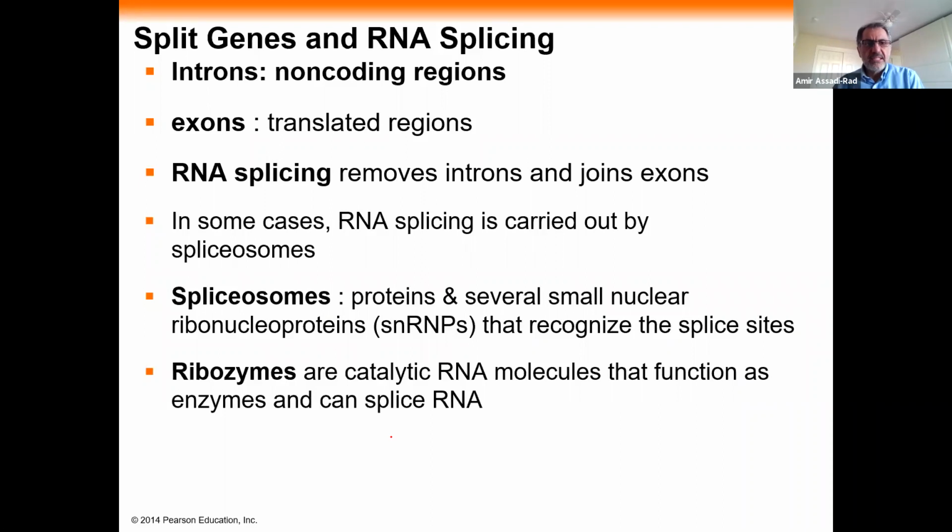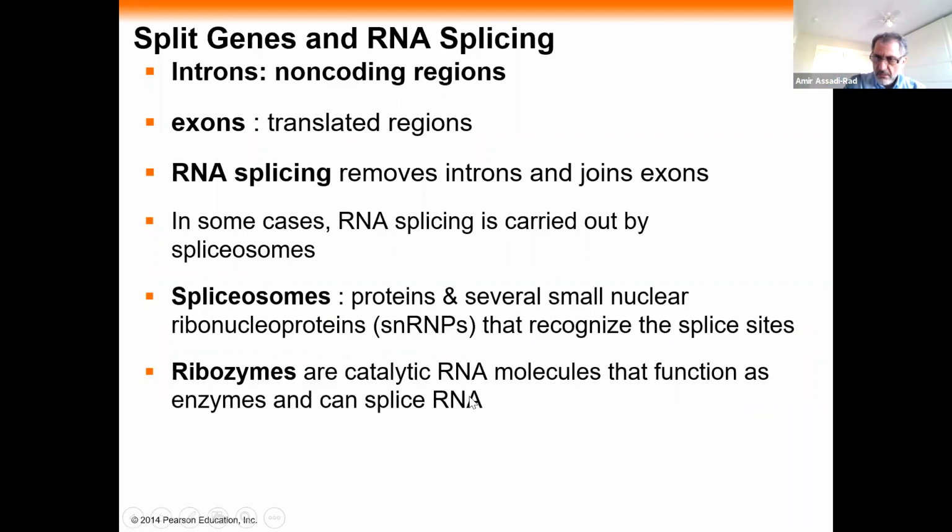So the next thing is introns and exons. Split genes and mRNA splicing. So introns, non-coding regions. It means they do not, they stay inside of the nucleus. Introns stay in. Exons, they get translated. They go outside of the nucleus. They get translated.